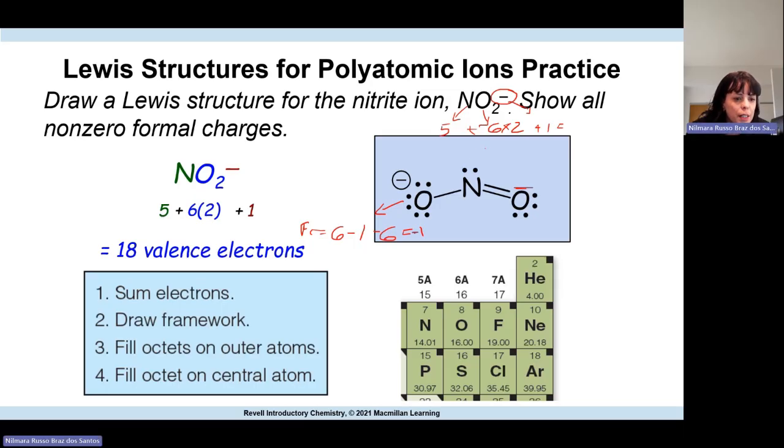And nitrogen is 5 minus 3 bonding minus 2 electrons, so 0. And here I have 6 valence electrons minus 2 bonding minus 4, so it will be 0 as well. So the charge is located in this oxygen.